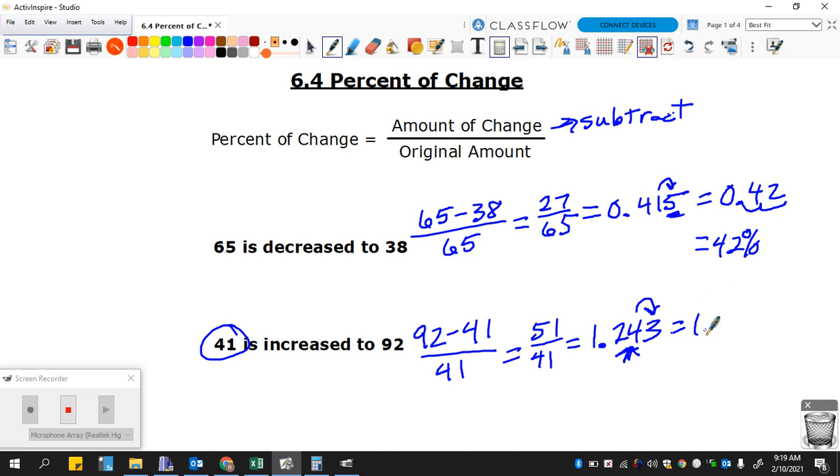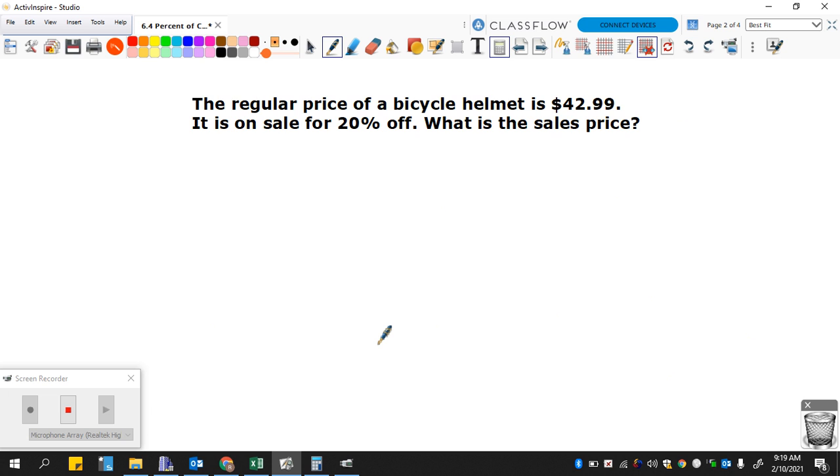So 1.24. So when I move the decimal point 2 times, that'd be 124% increase. 124% increase.